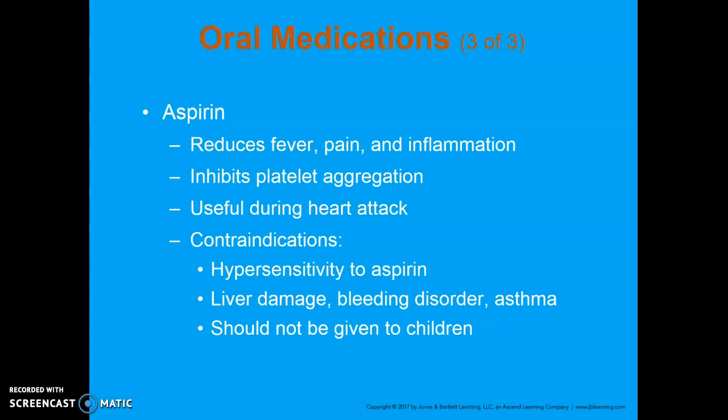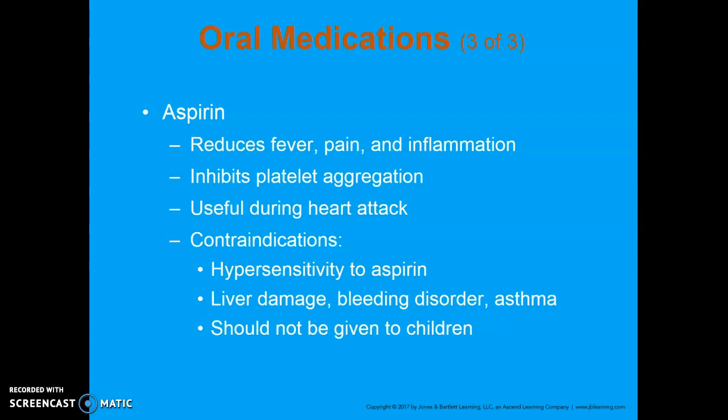Contraindications, when you should not give it: if there's a hypersensitivity to aspirin, also known as an allergy to aspirin, if they have pre-existing liver damage, bleeding disorders, or asthma. Because it inhibits platelet aggregation, it can actually cause bleeding. So if they've already got a bleeding disorder, we don't want to make that worse.